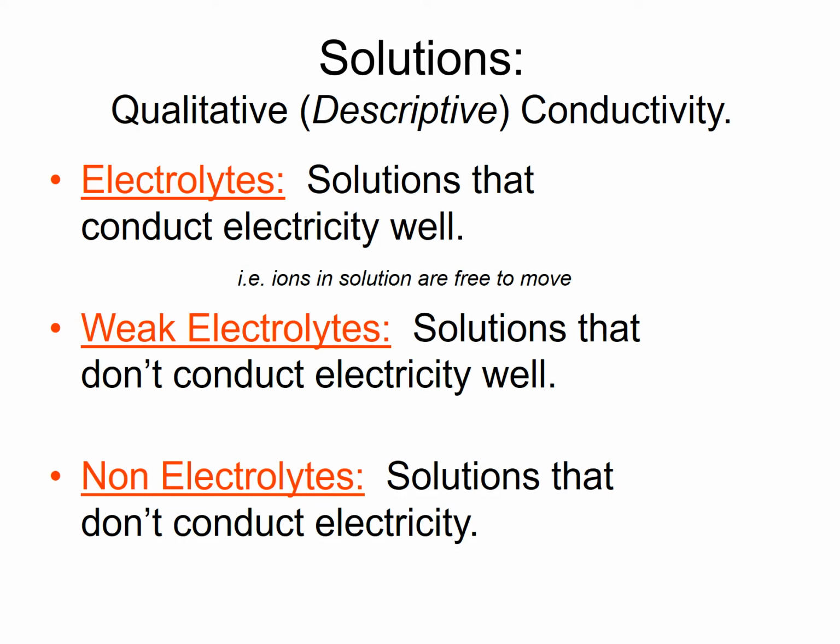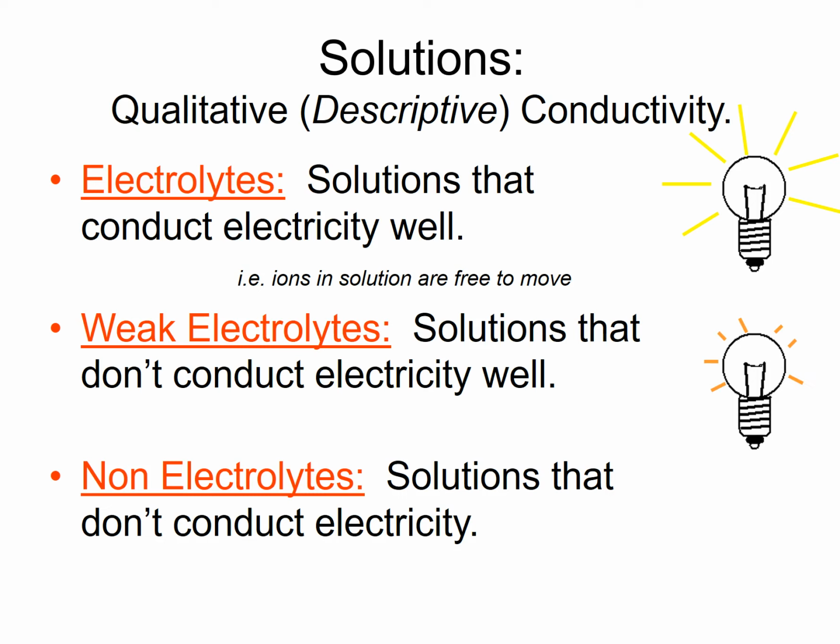So according to these definitions, we've seen 2 of the 3 possibilities already in the slides that preceded this one. The sodium chloride solution was an electrolyte solution because that one lit the bulb. Lots of ions present, the bulb lights very strongly. If we had looked at an example for a weak electrolyte, why, the bulb would have glowed dimly in comparison to the sodium chloride electrolyte example.